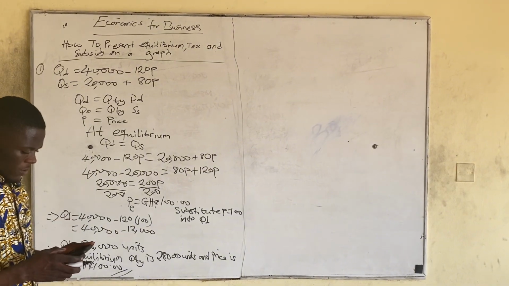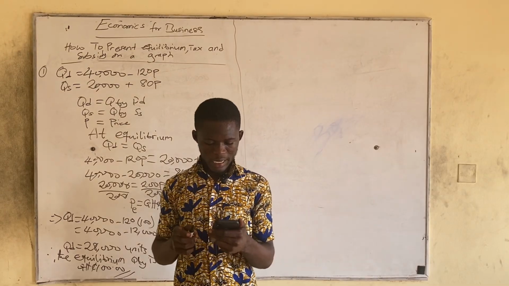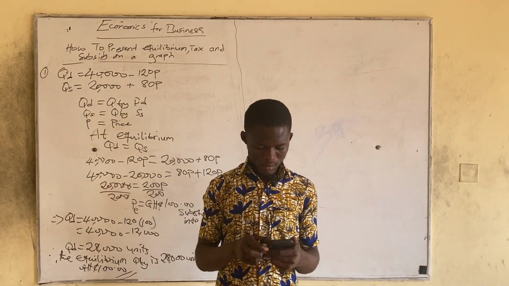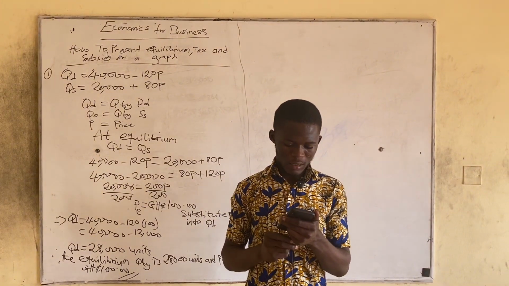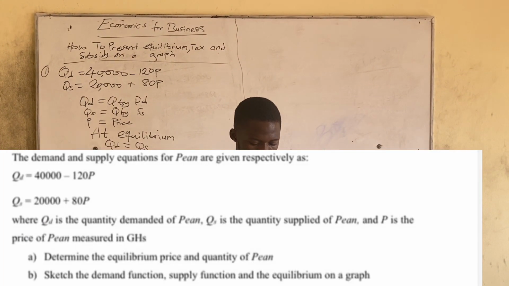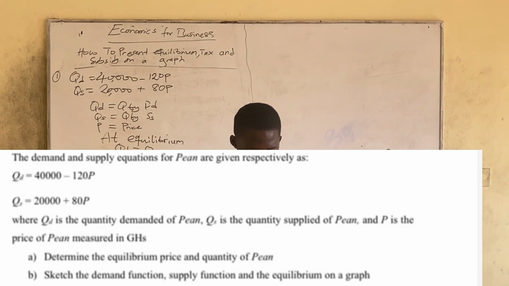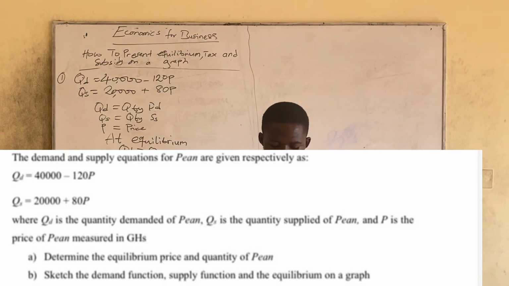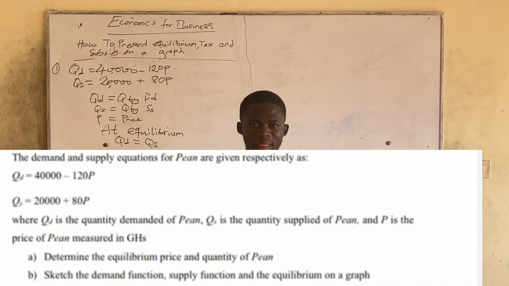Now let's look at what the question also said. After determining the equilibrium quantity and the equilibrium price, sketch the demand function, supply function, and equilibrium on the graph.